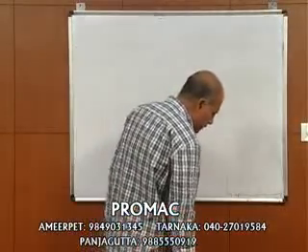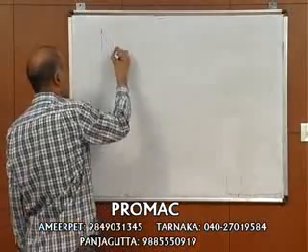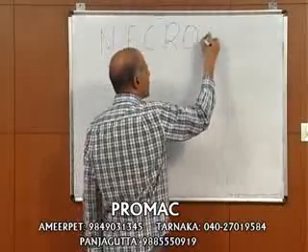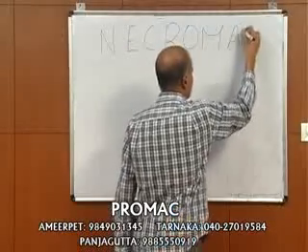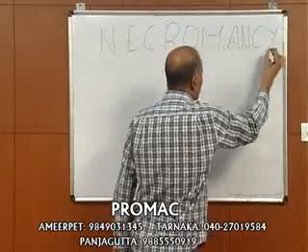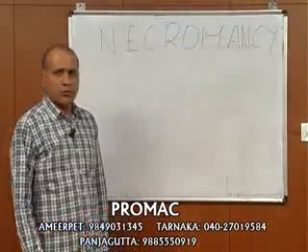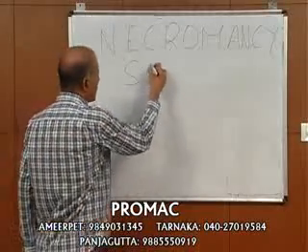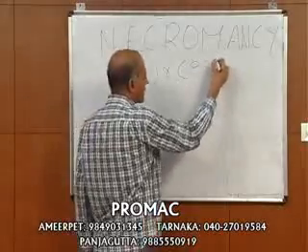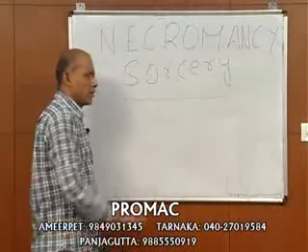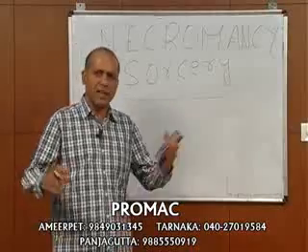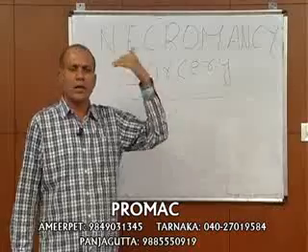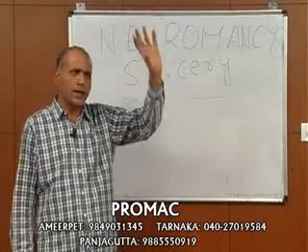Next word starting with N we will take up is a word called necromancy. So in many countries and in many societies, people believe in something called black magic. So what is called black magic or what is called sorcery? So that is called necromancy. Necromancy is black magic or sorcery. In many movies you might have seen, there are certain procedures by which if you want to harm your opponent, then you do certain things.